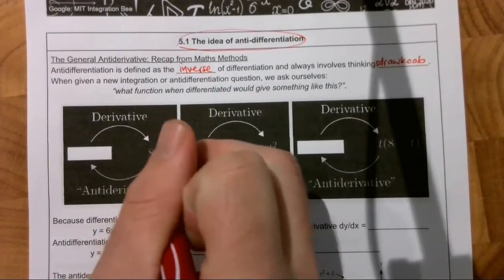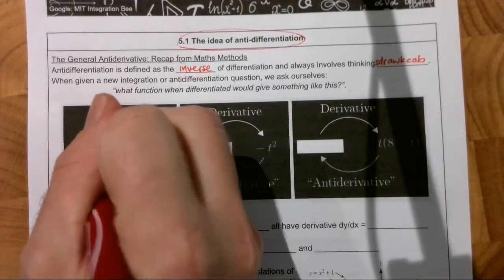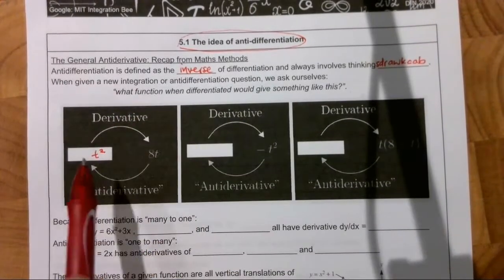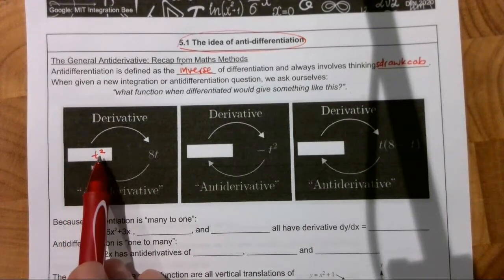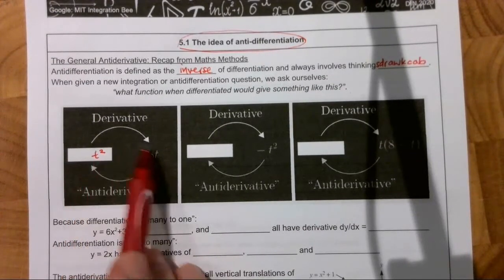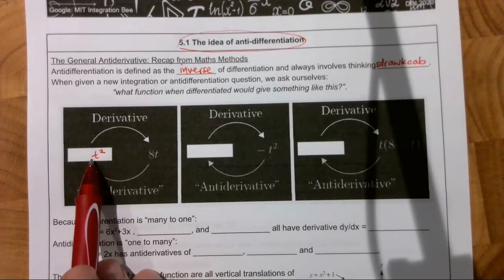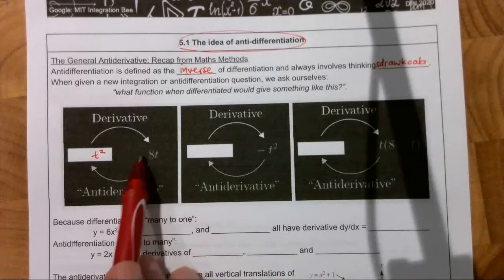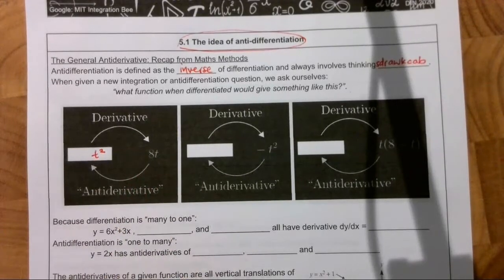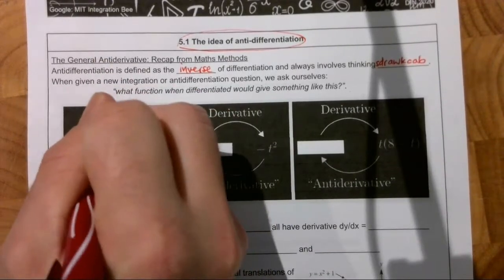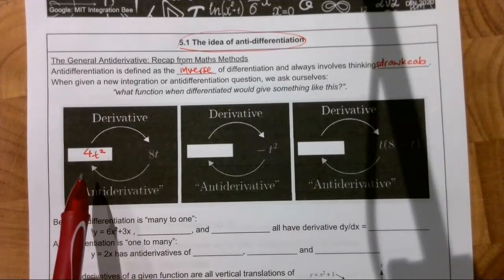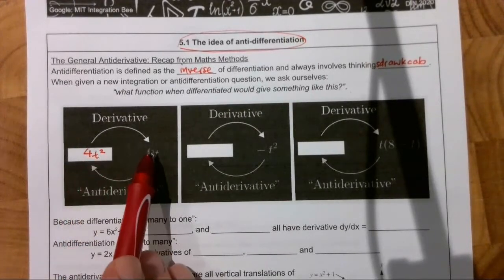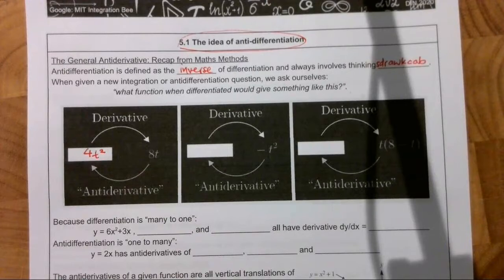And because this is t, well, we know that something that gives me a derivative of a multiple of t is t squared. But actually, if I differentiate that, the 2 comes in front, so it gives me 2t, which is close but not quite right. So instead, I need to multiply this by 4. If I differentiate 4t squared, that gives me 8t, so I'm happy and it's correct.